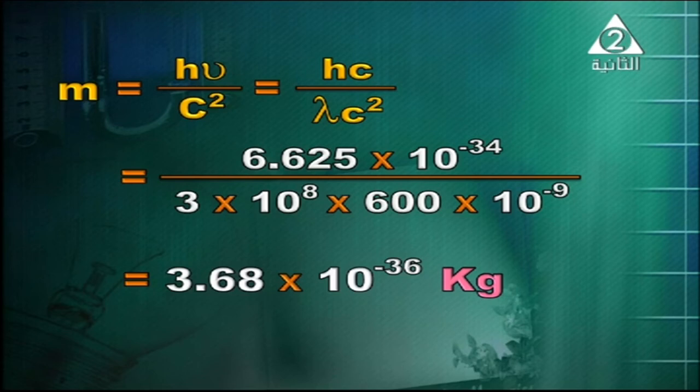So it is 6.625 times 10 to the power of negative 34 over 3 times 10 to the power of 8, wavelength 600 nanometer, converted into meter, multiplied by 10 to the power of negative 9. The mass is 3.68 times 10 to the power of negative 36 kilogram.